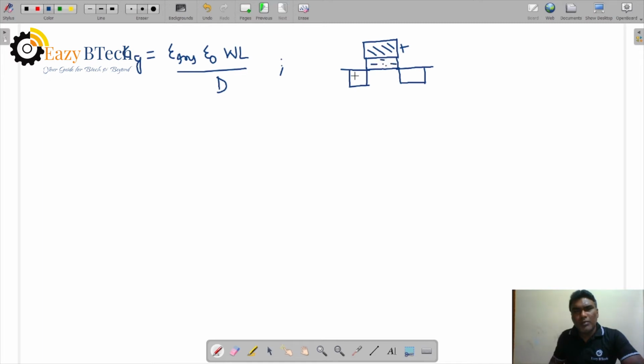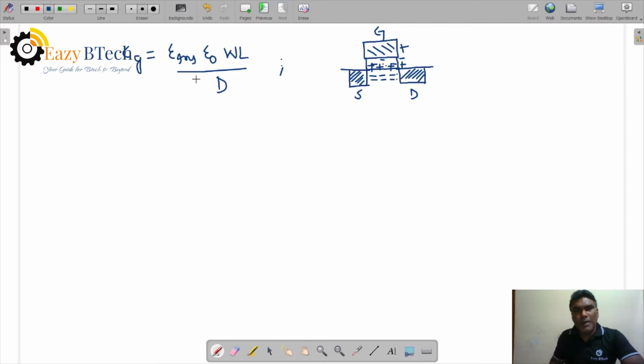And if you take NMOS transistor, it is a N diffusion over here. N diffusion, source, drain, and this one is a gate terminal. So gate to channel capacitance. Polysilicon is a gate to channel capacitance. So negative charge carriers and positive charge carriers. And in the channel area negative charge carriers are formed.